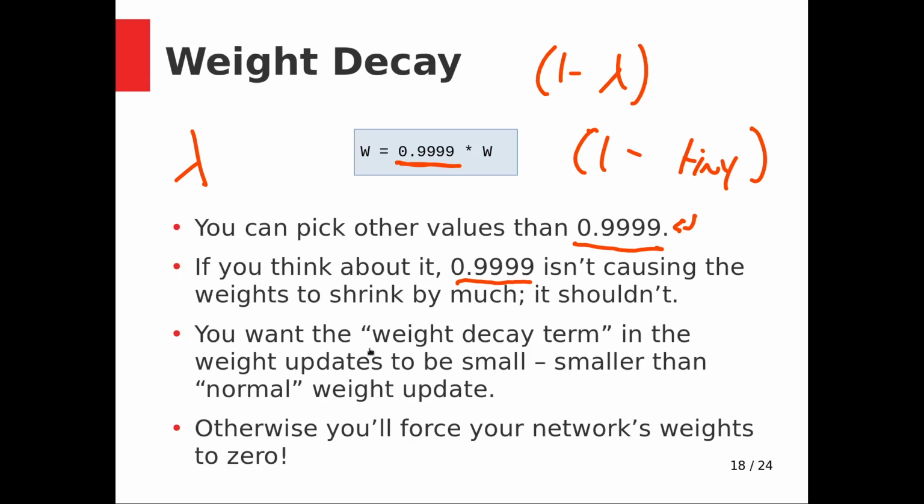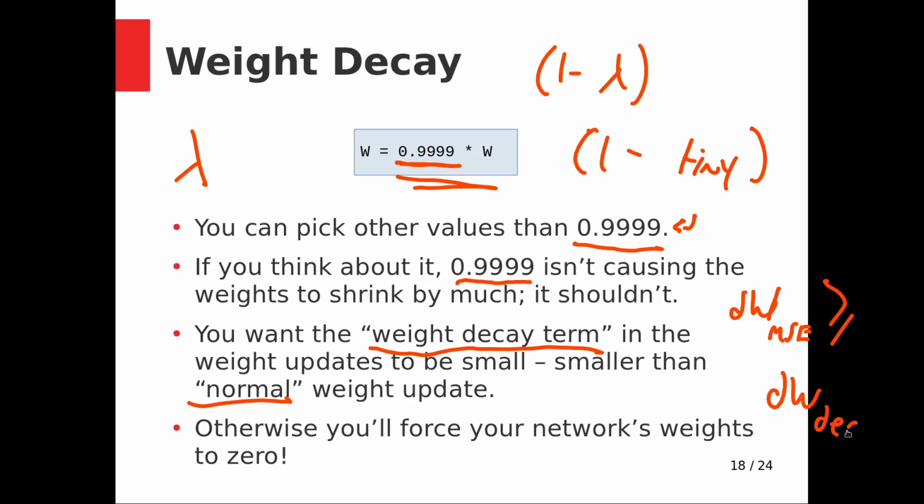Okay? You want the weight decay term, right? You want the change to the weights caused by this, in general, to be smaller than the change caused by the normal sort of gradient-driven, error signal-driven weight update, right? So you want dW, like MSE, to be larger than, or comparable to, dW, like decay.